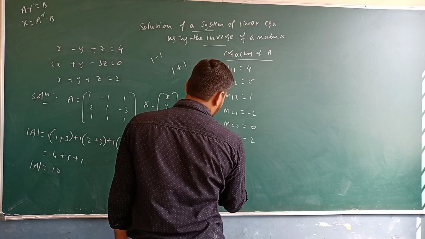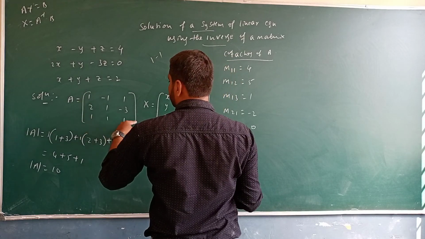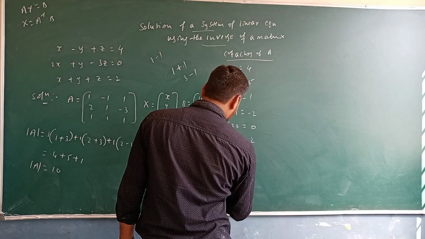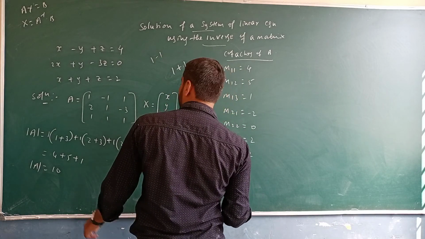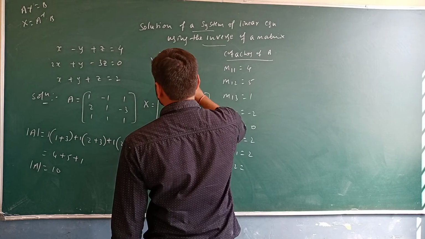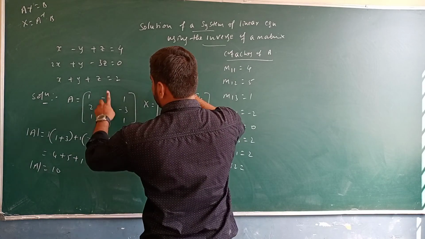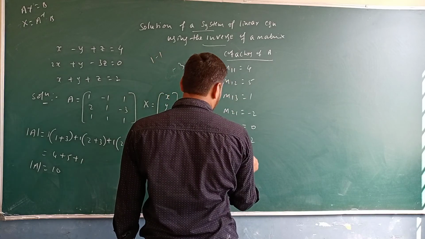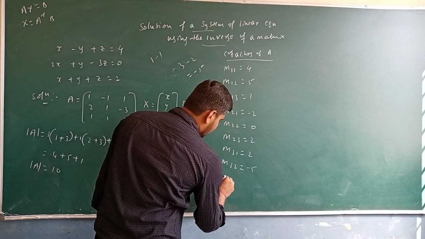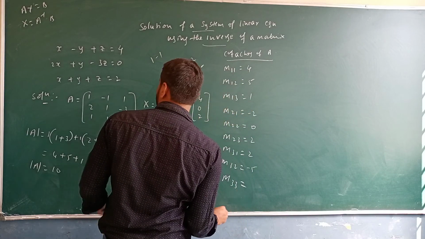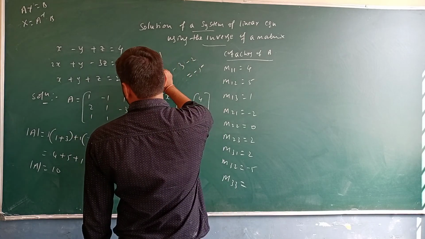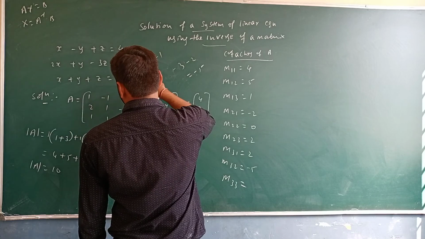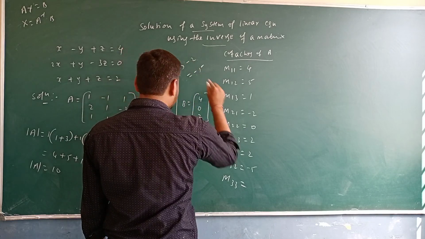Then M31, 3 minus 1, that's going to be 2. Then M32 is minus 3 minus 2, that's going to be minus 5. Then M33 is 1 plus 2, that's going to be 3.